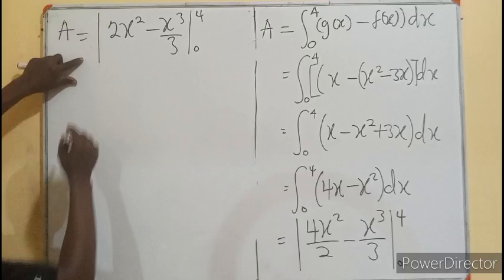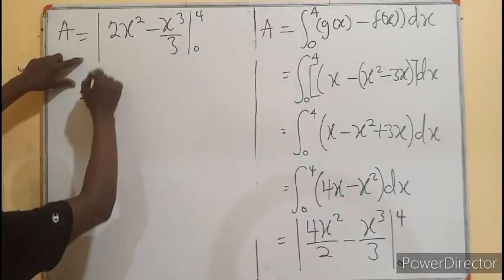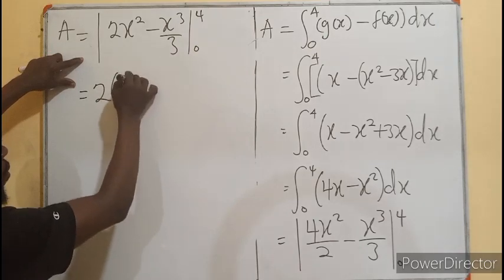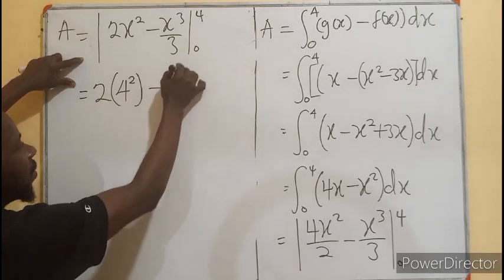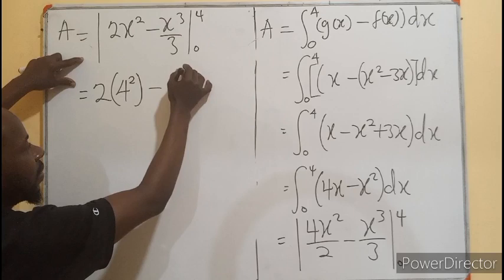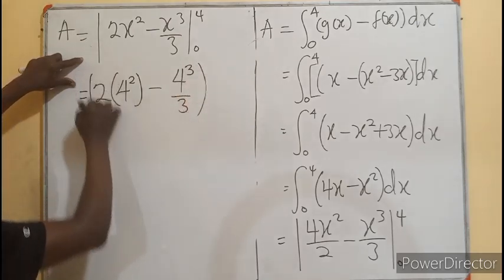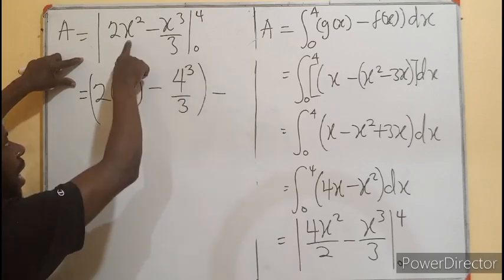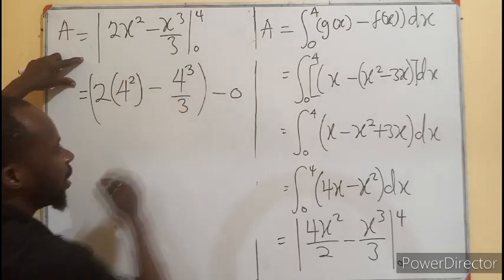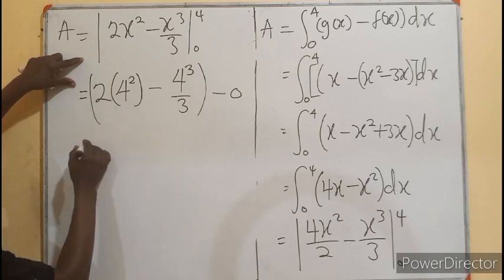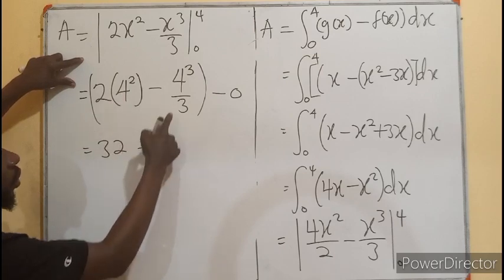Good. So now I'll be having substitution of 2, the x now becomes 4. So 2 times 4 squared minus 4 to the power 3 out of 3. Then minus 0, being at these places will still produce 0. I know this will be 16. 16 times 2 will give us 32.